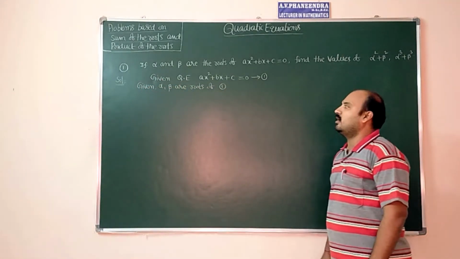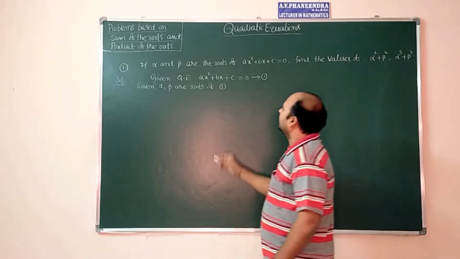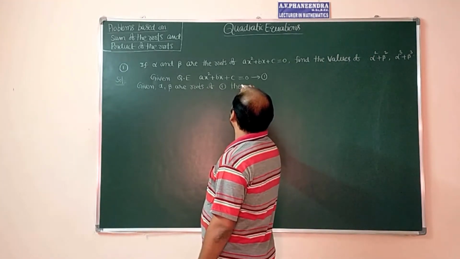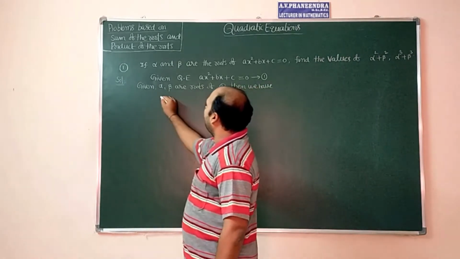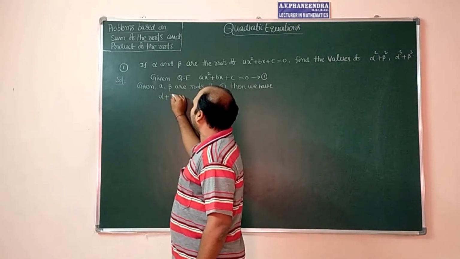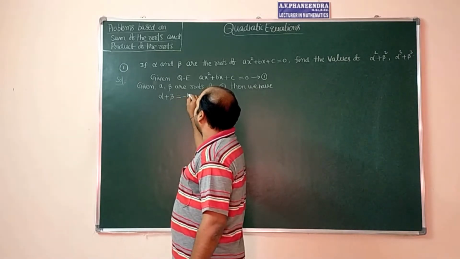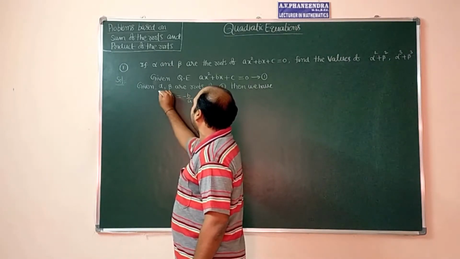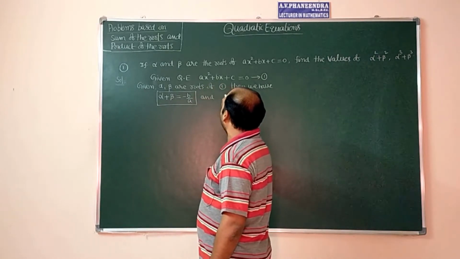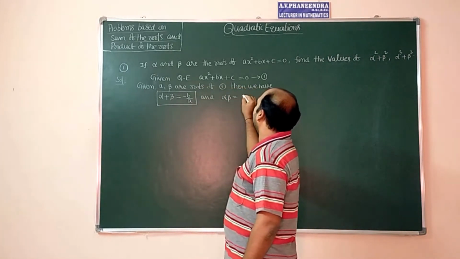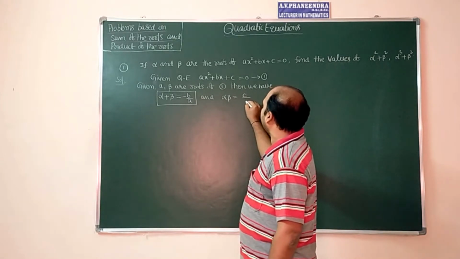Then we have alpha plus beta equal to the sum of the roots, minus b by a, minus coefficient of x by coefficient of x square, and the product of the roots alpha into beta equal to c by a, constant divided by coefficient of x square.